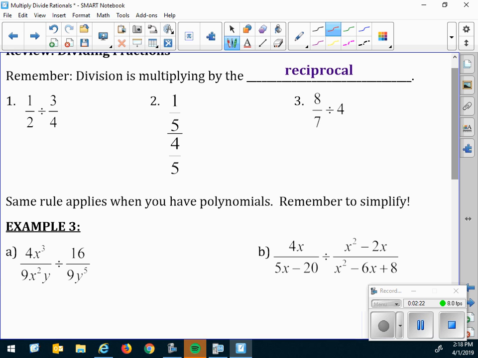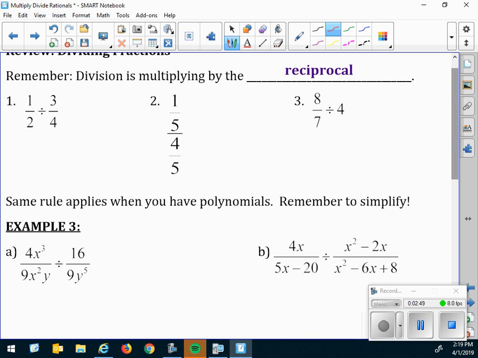I give you the number 1/4. What's the reciprocal? 4. What's the reciprocal of 1/5? What's the reciprocal of 7? 1/7. Good. Now, when you divide by a fraction, you multiply by its reciprocal.